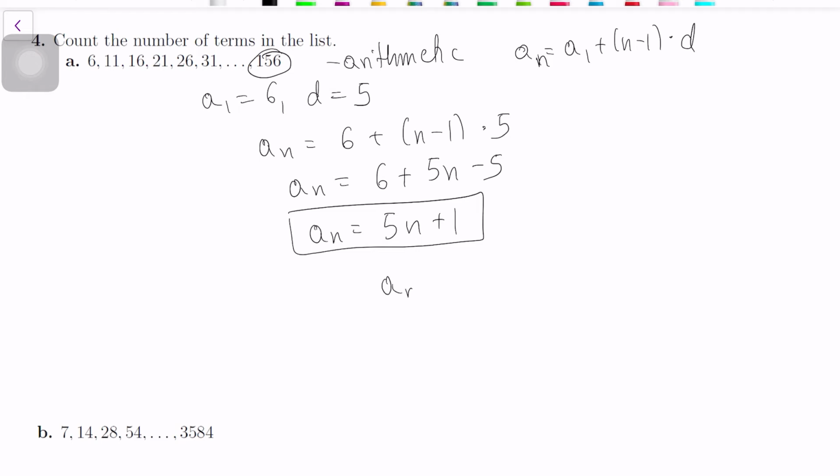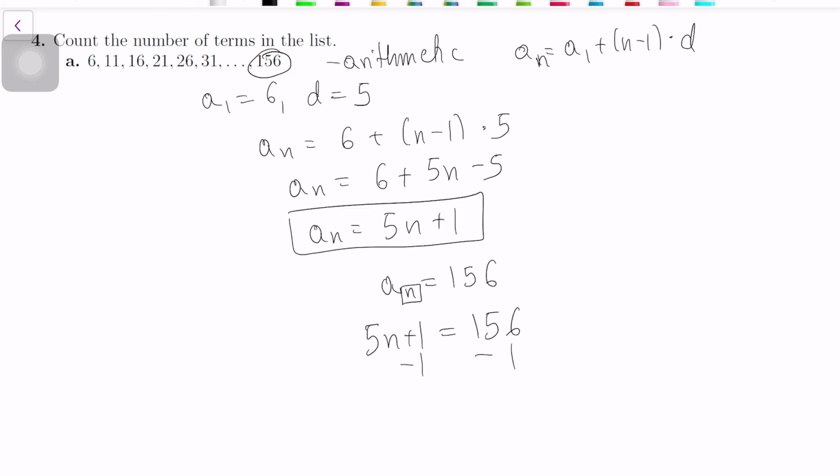156. So basically if I can figure out the index, that would tell me, say, if n is 10, that the 156 is the 10th term of your sequence, right? So I have to figure out what n is for that term, but I have the formula for an, so I can set it equal to 156 and figure out the n.